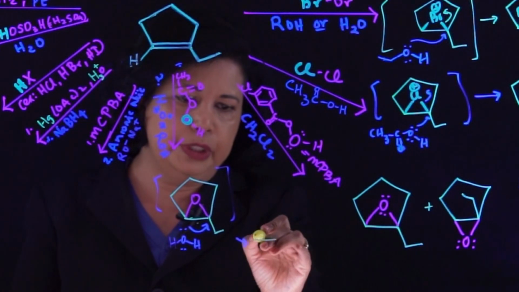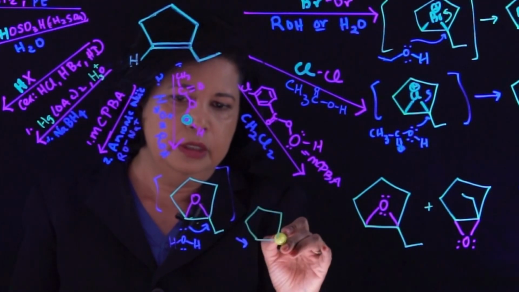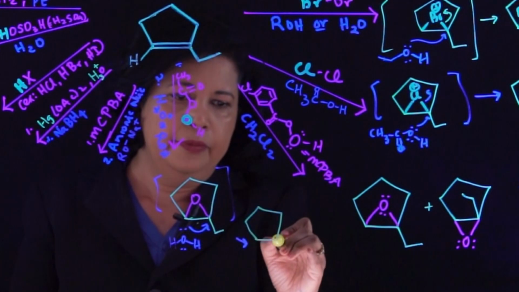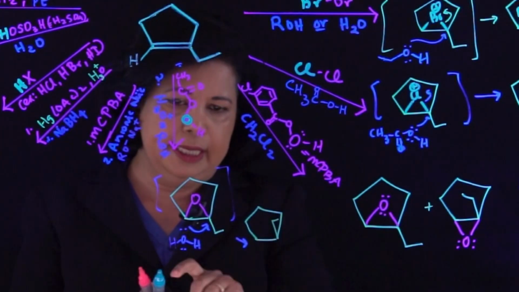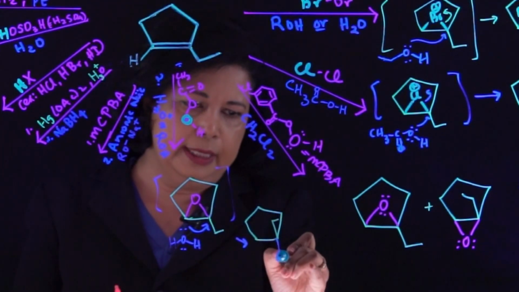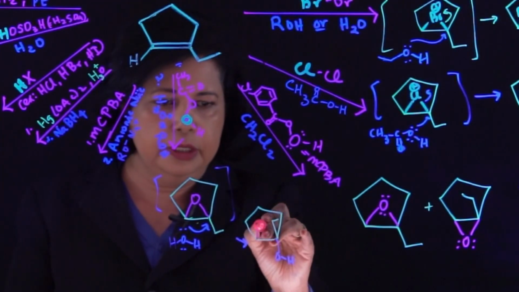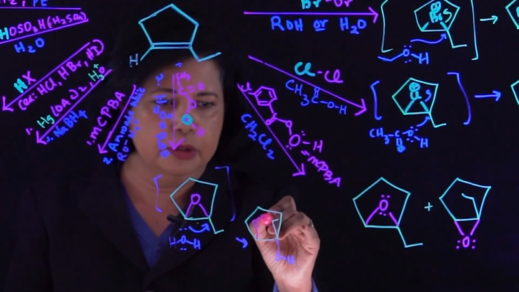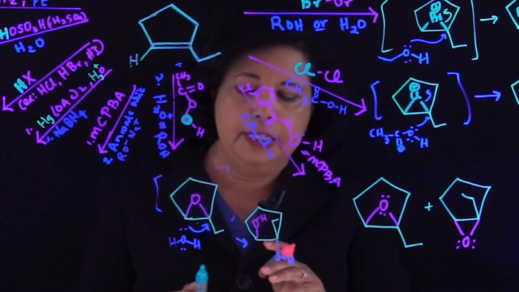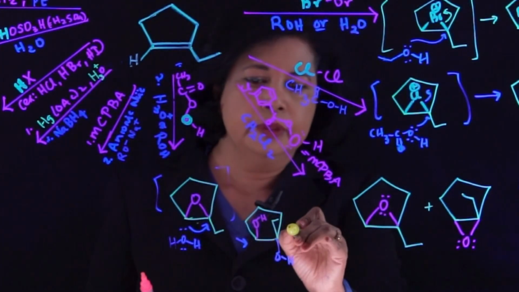So you have regioselectivity here. So if this is up, then your water is going to go down, and then it gets deprotonated and becomes hydroxyl, and then this would get protonated and become a hydroxyl. So it's a diol, but it's going to be anti.